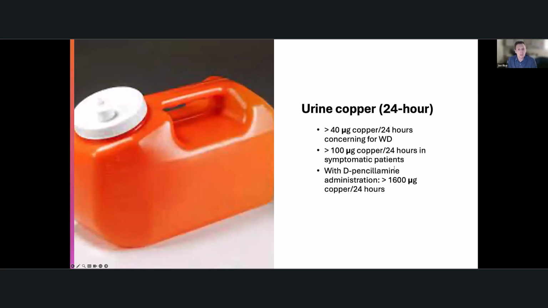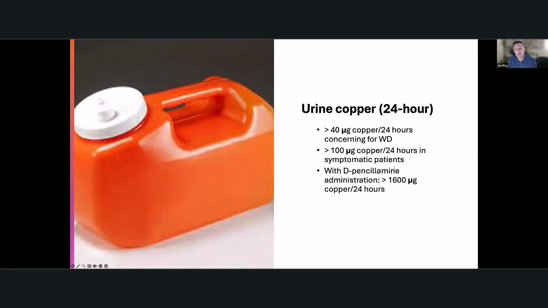A 24-hour urine copper of less than 40 points against Wilson's disease. Between 40 and 100 requires additional testing to complete the workup. Greater than 100 strongly points towards the diagnosis of Wilson's disease, specifically in symptomatic patients.